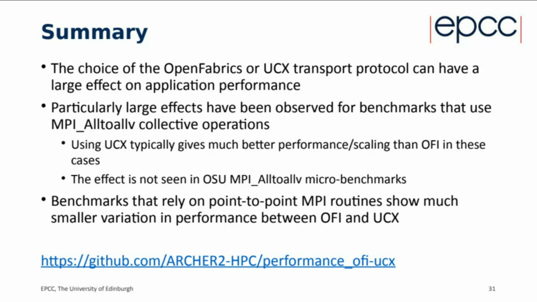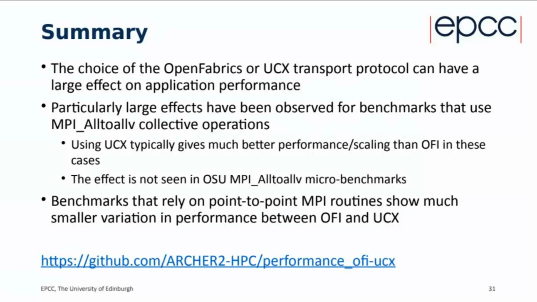The other point to notice is the benchmarks are around point-to-point MPI routines, so typically grid-based codes that don't do huge amounts of collective operations show much smaller variation in performance between OFI and UCX, and actually the performance variation is typically within the sort of variation you'd expect just for doing multiple runs at different times on the system anyway.